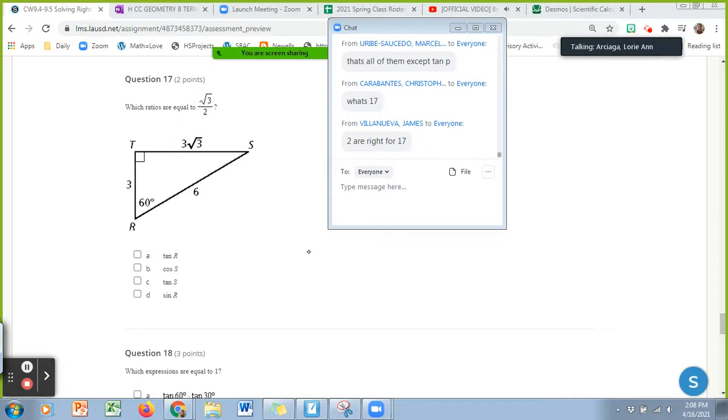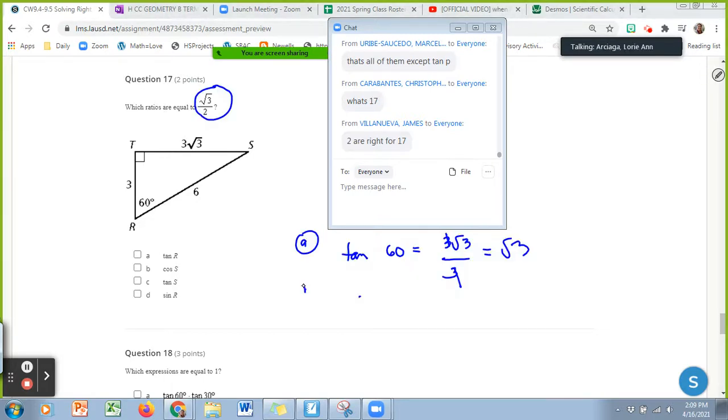So if you do tan R, you have to try each. Tangent of R, which is 60 degrees, is equal to opposite over adjacent, which is 3. Is that equal to radical 3 over 2? You're looking for something that's radical 3 over 2.